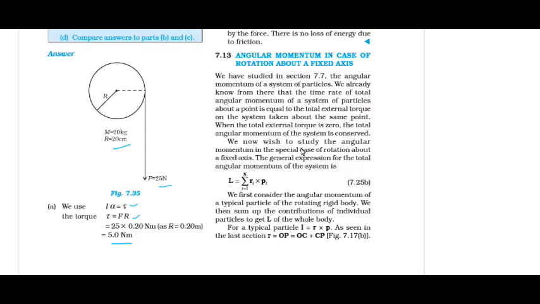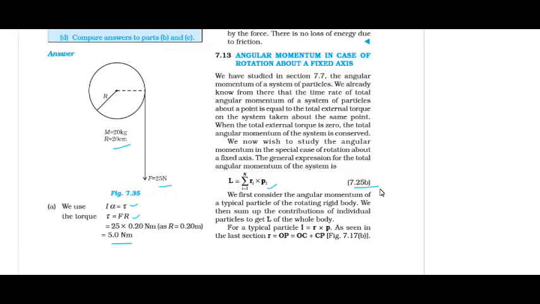If now we wish to study the angular momentum in the special case of rotation about a fixed axis, the general expression for the total angular momentum of the system is L equal to sigma i equal to 1 to n r i cross p i. This is equation 7.25b. We first consider the angular momentum of a typical particle of a rotating rigid body.